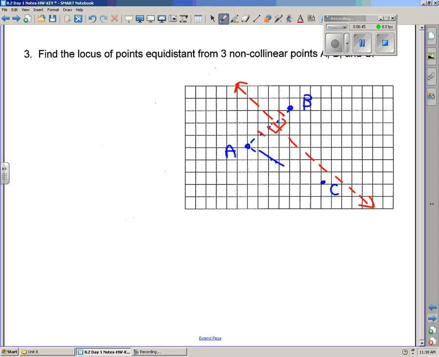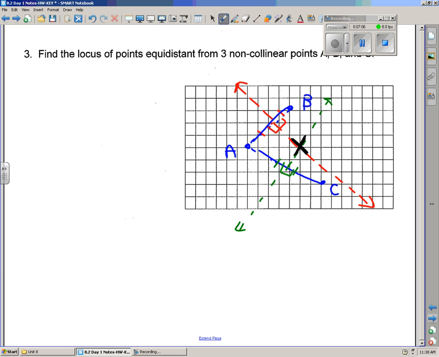So if I connect these together, and now I do the perpendicular bisector of these 2 points, the locus of points that's equally distant will be this point right here.